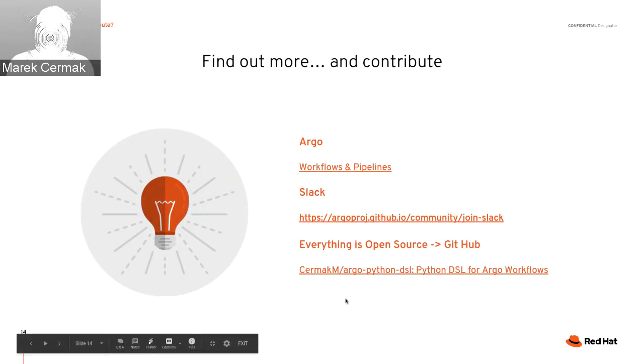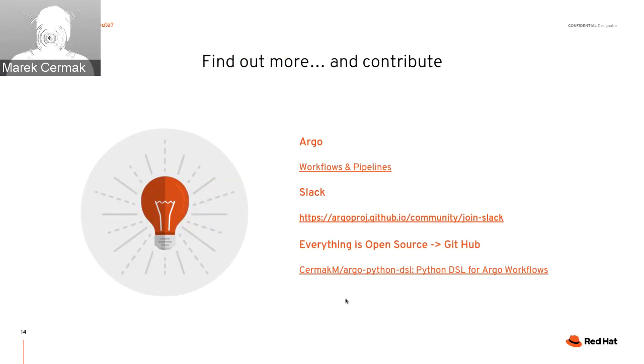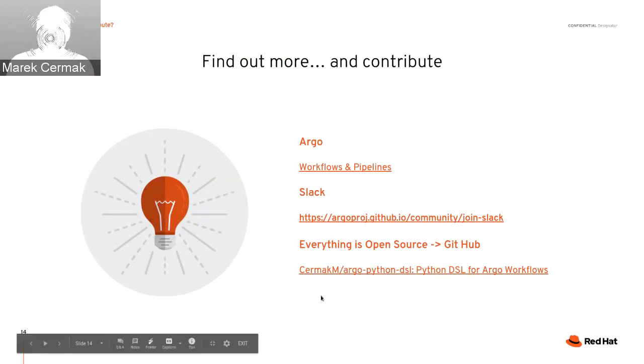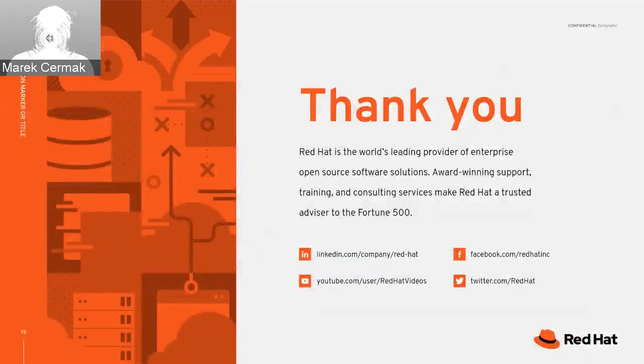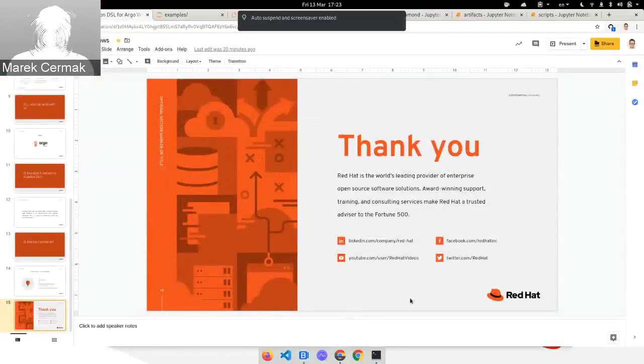Right now it's under my repository, but in a matter of weeks, maybe months, this should be migrated under Argo Project Labs, which is sort of a daughter organization of Argo Project, and you should be able to find it there. That's it. Any more questions I can answer?